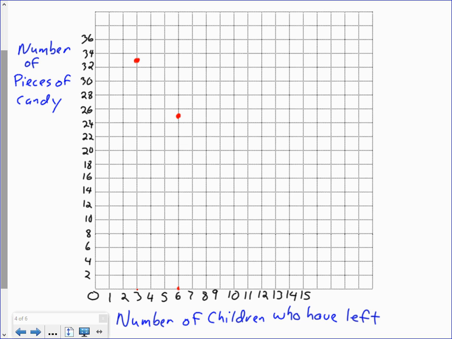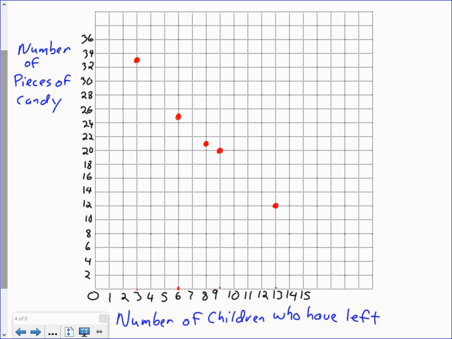Our next point is 8, 21. Right there. Our next point is 9, so 9 is there, and then 20 is right there. And then our last point is 13 and 12. So 13 is there, and 12. Okay, so there is my scatter plot.